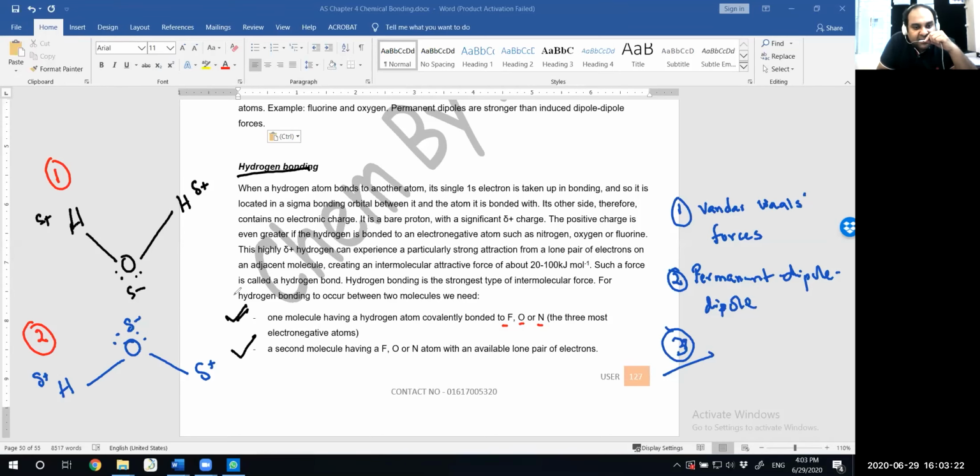In this molecule, hydrogen is bonded to oxygen. So molecule number 1 has a hydrogen atom which is covalently bonded to either fluorine, oxygen or nitrogen.